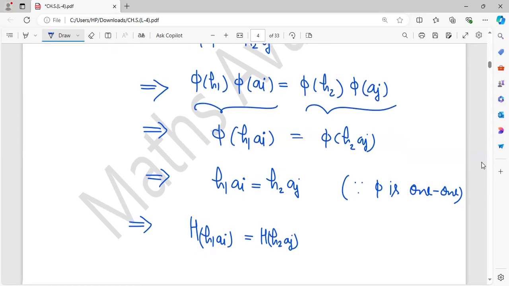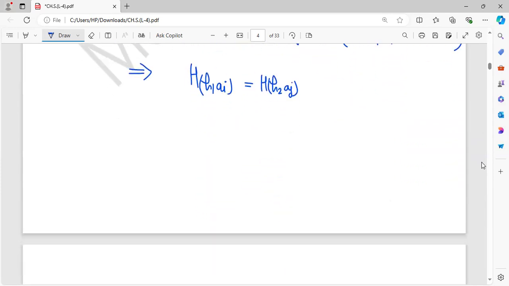Now we can write H1 A_i is equal to H2 A_j.